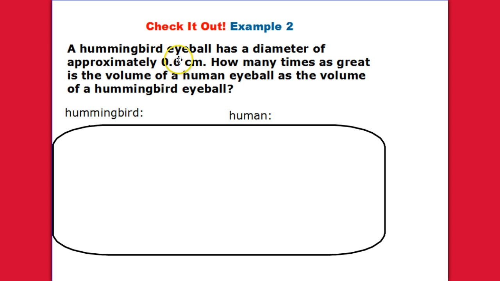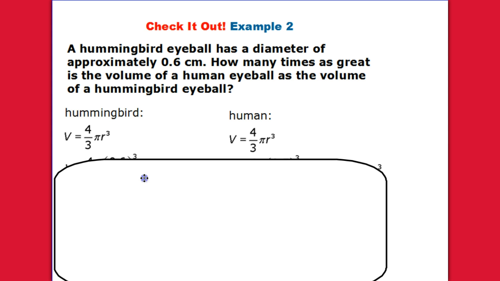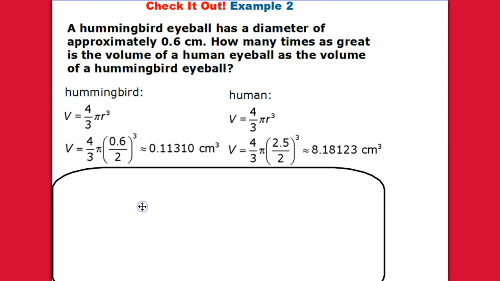We'll have to find the radius of this hummingbird eyeball, and that would be 0.6/2, or 0.5. I'm sorry, 0.3. And then here's the unknown bit of information that we would have to get from the text. So you didn't have that information.